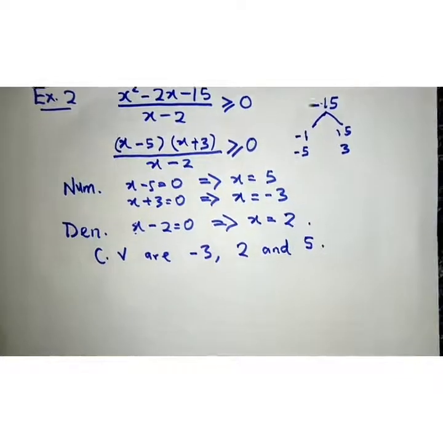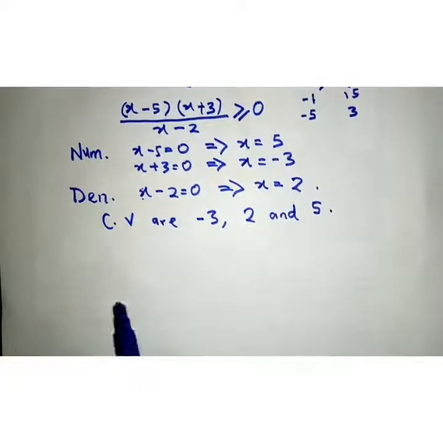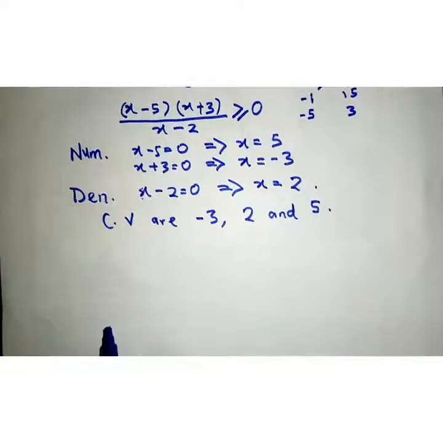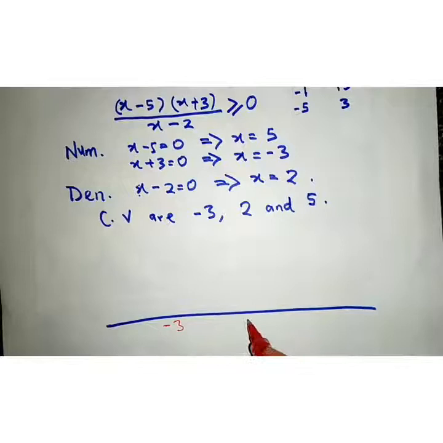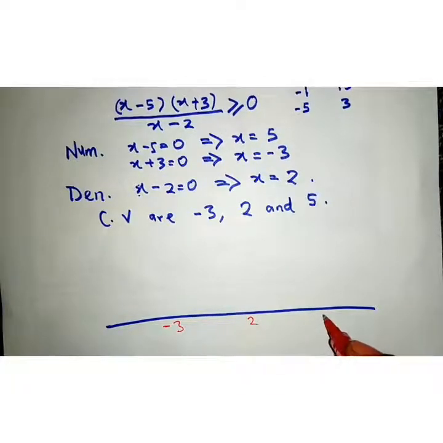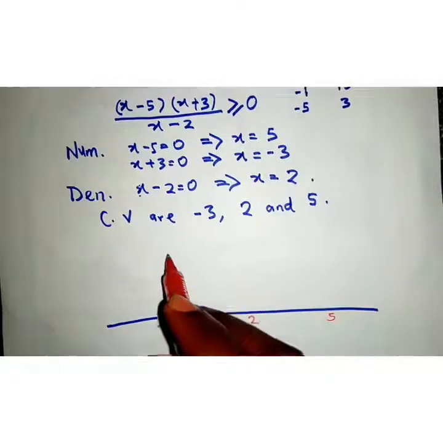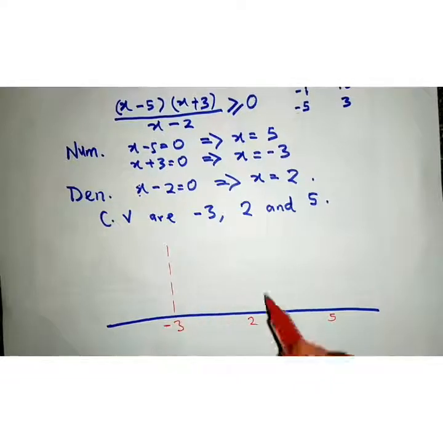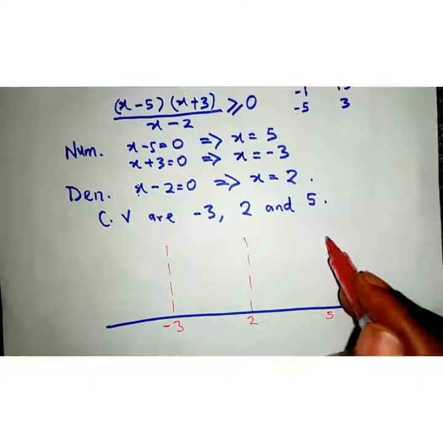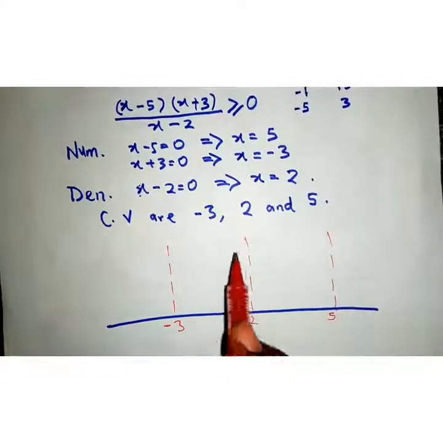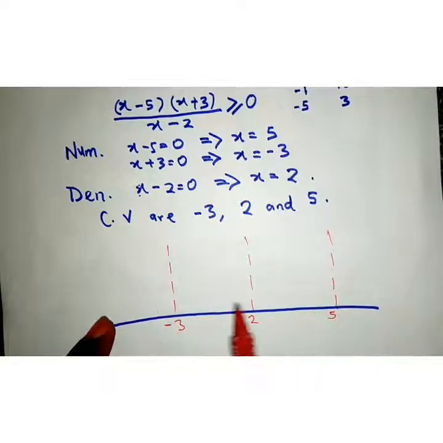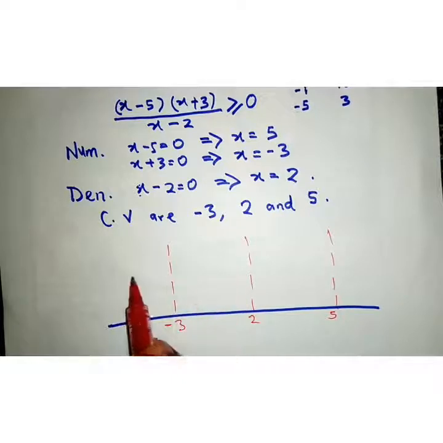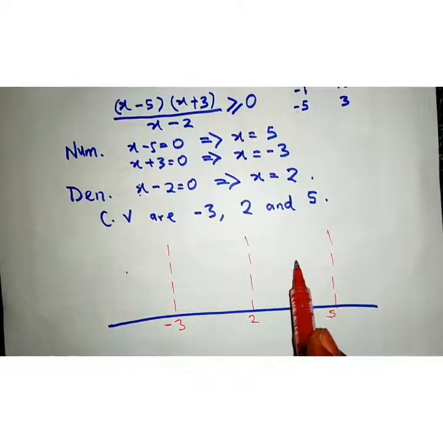Now with our critical values, we can divide the number line into distinct intervals. So we have minus 3 here, 2 here, and then 5 here. So the three critical values divide the number line into 4 distinct intervals, 1, 2, 3, 4.